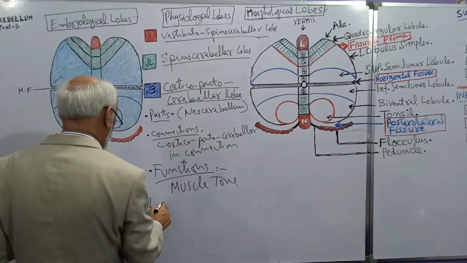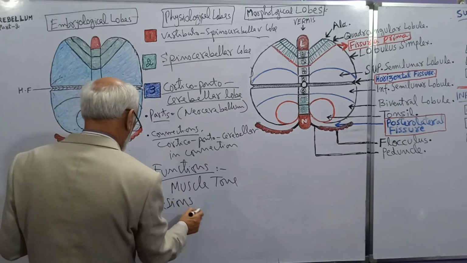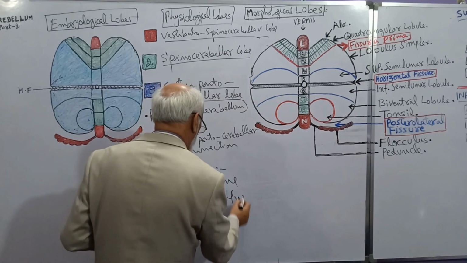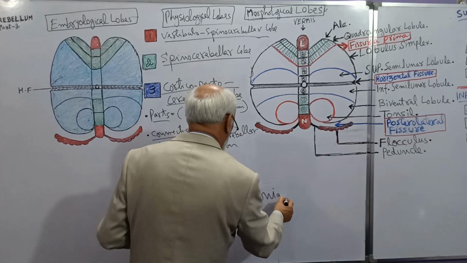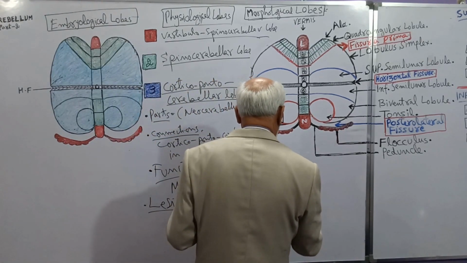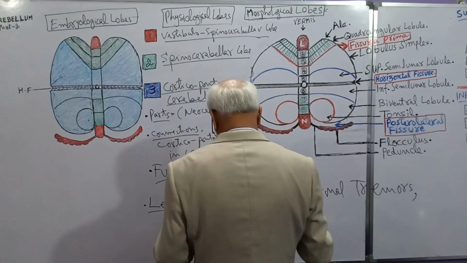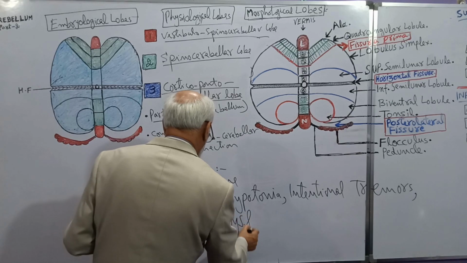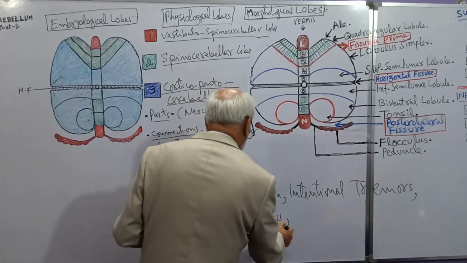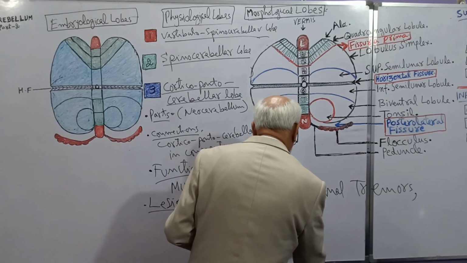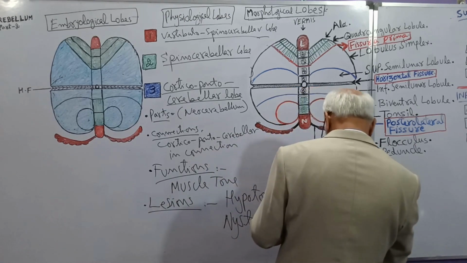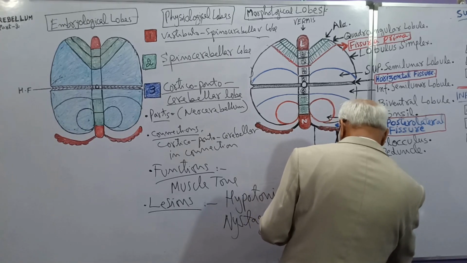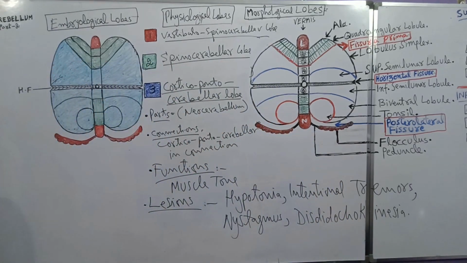The effects of lesions of this lobe: it will result in hypotonia, intentional tremors, and other conditions like nystagmus and dysdiadochokinesia. These are the different effects of lesions of this lobe.